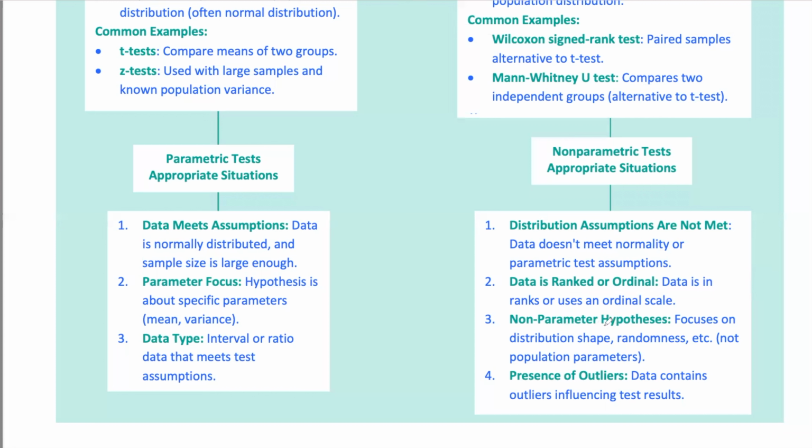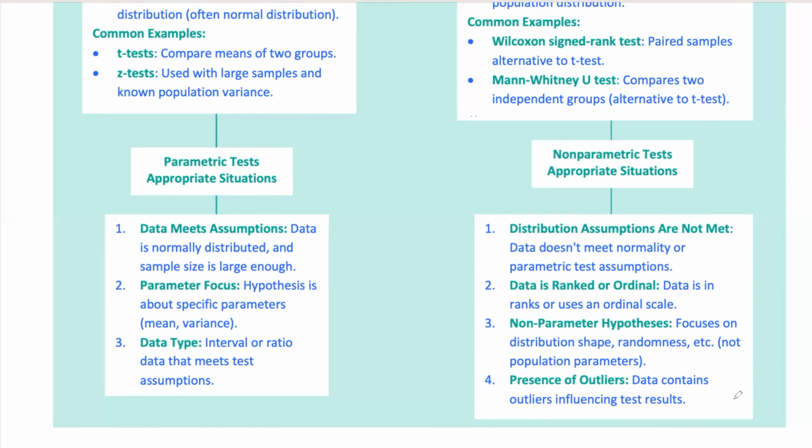Third is when hypotheses do not concern parameters. For example, when the hypothesis is about the distribution shape, randomness, or other non-parameter related aspects. Finally, non-parametric tests are more appropriate when the data contains outliers that could heavily influence parametric test results.